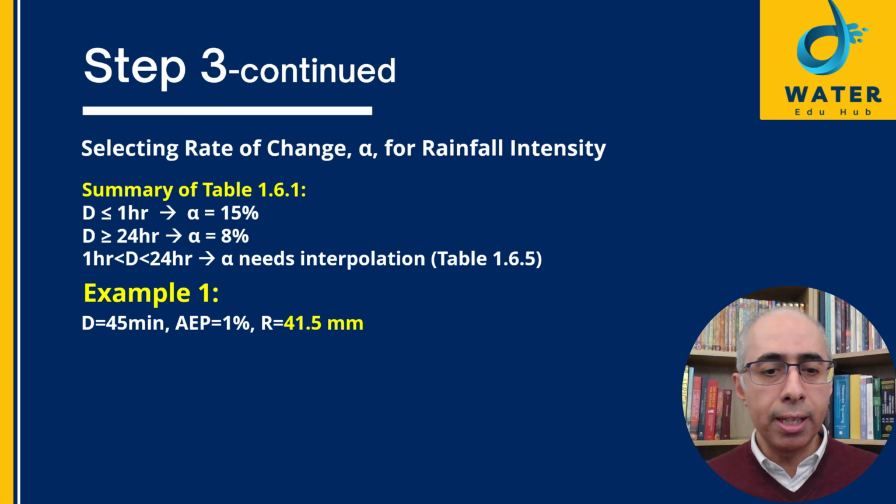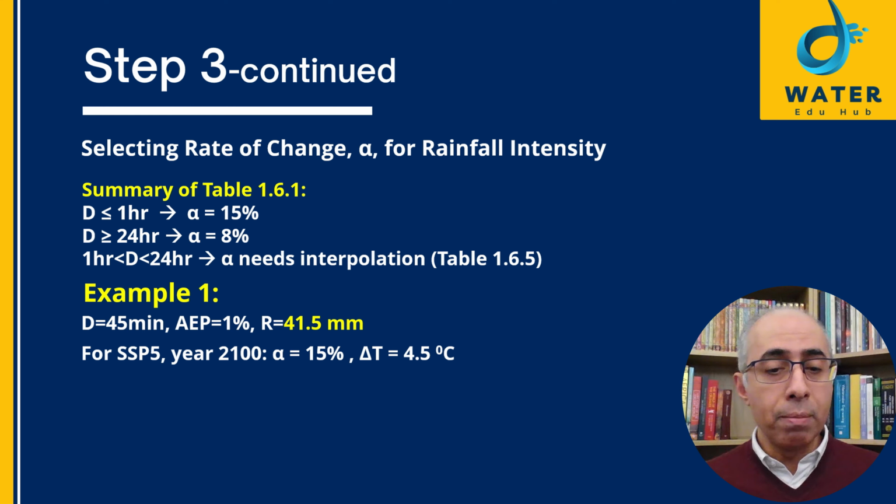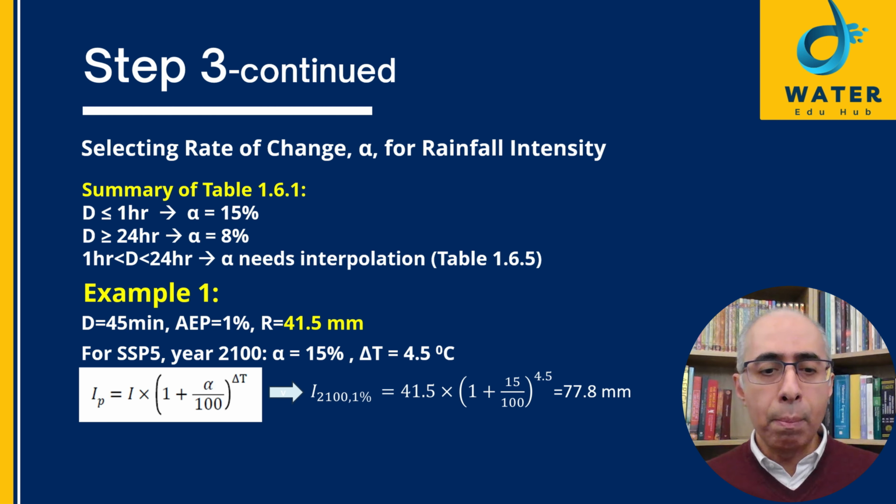I bring it here and then I say that, okay, it's a short duration one. Alpha will be 15%, our delta T 4.5. I apply it into the equation. Very simple. You get 77.8. So 15 sits here divided by 100. 4.5 is the power of the bracket. So that means my rainfall depth has increased by 87%, which is significant.